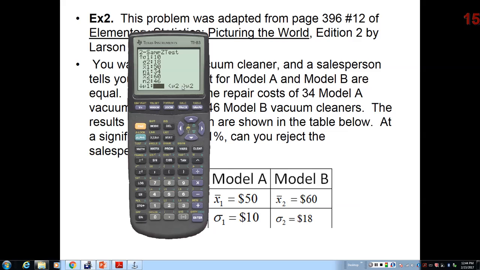Now again, this is going to be your alternative hypothesis. Oh, wait. It's not equal to. Mine didn't pop up.